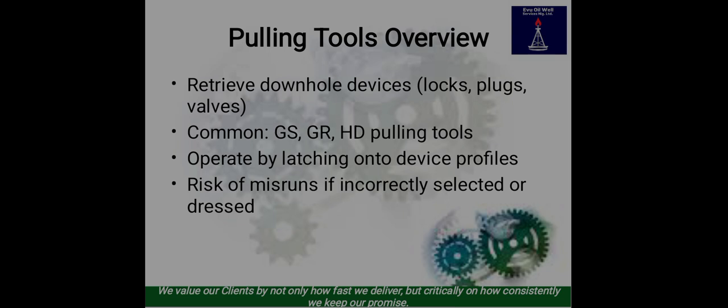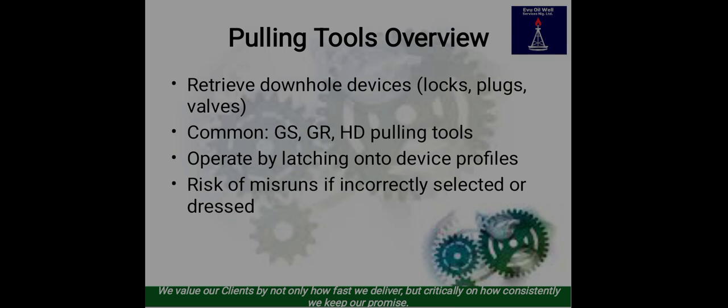So we're going to talk about the pulling tools, an overview of the pulling tools. Pulling tools are used to retrieve devices from the well. Examples include the GS pulling tool, GRO pulling tool, and HD pulling tools.